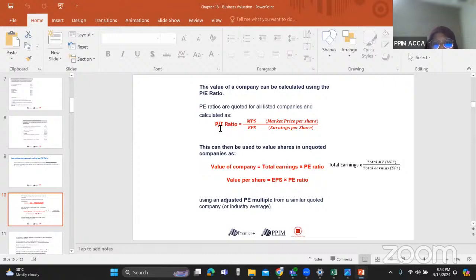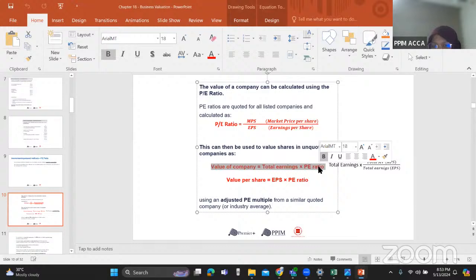This is how we calculate PE ratio: MPS over EPS, market price per share divided by earnings per share. And then value of the company equals the total earnings times the PE ratio. So these are so many equations that we can work around to get the value of a company. At the end of the day, this is how we get it.